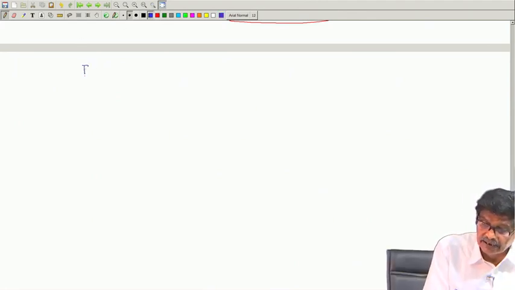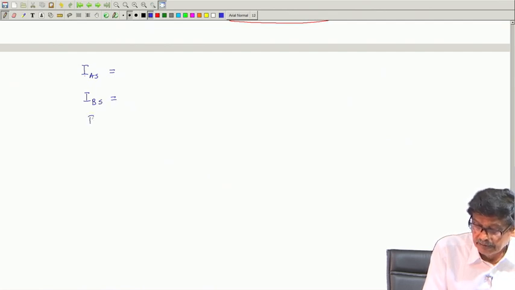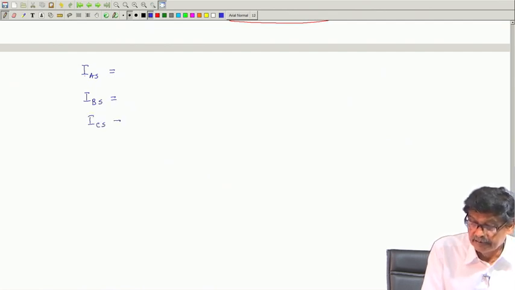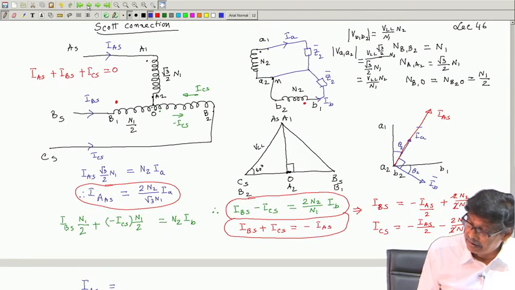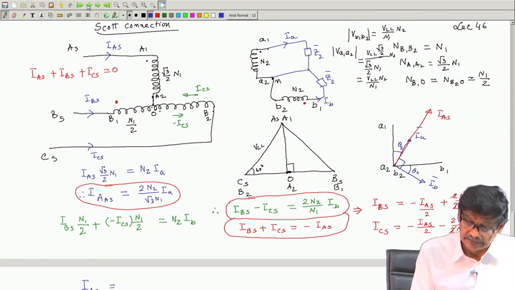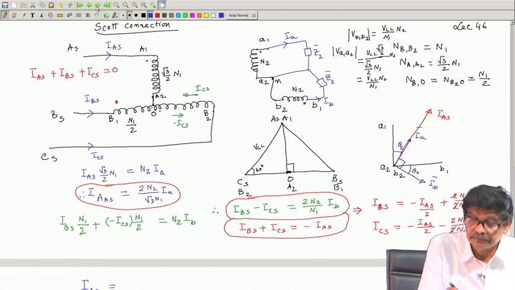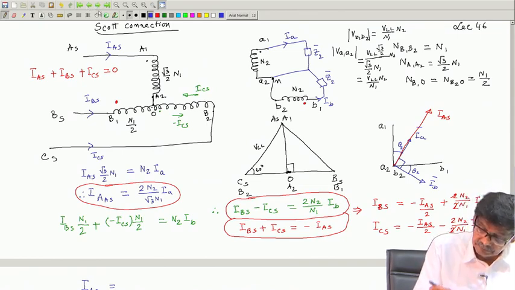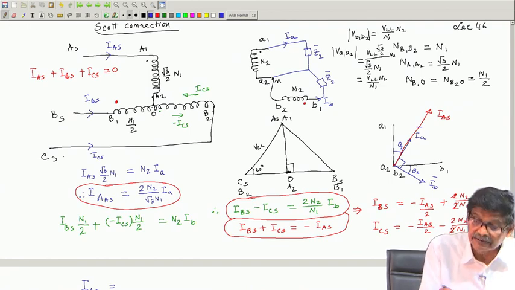We got IAS, IBS and ICS as: IAS is 2 N2 by root 3 N1, that is this one. I am copying and putting it.